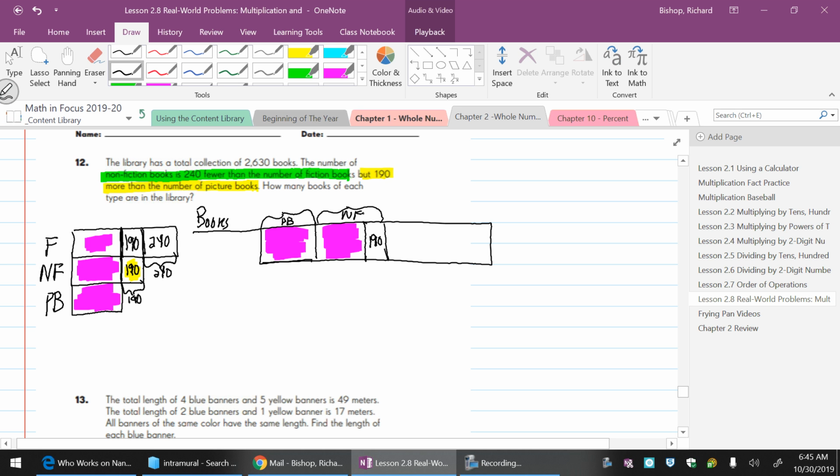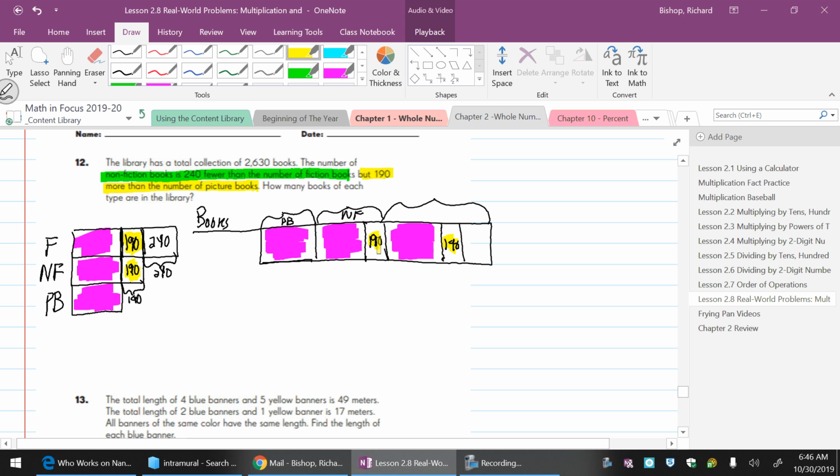And then the fiction books are the most. So the fiction books have that equal area there, right? It's the same as that section in the nonfiction and the picture books. But it also has 190 more from this here, right?